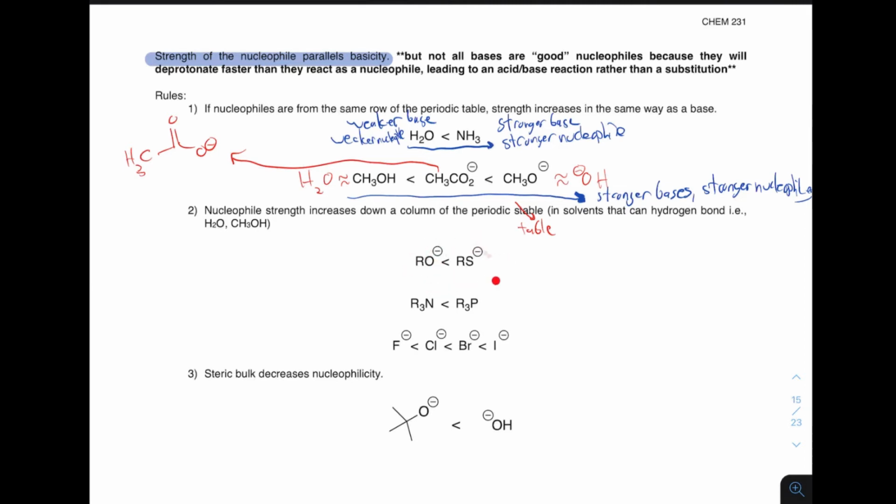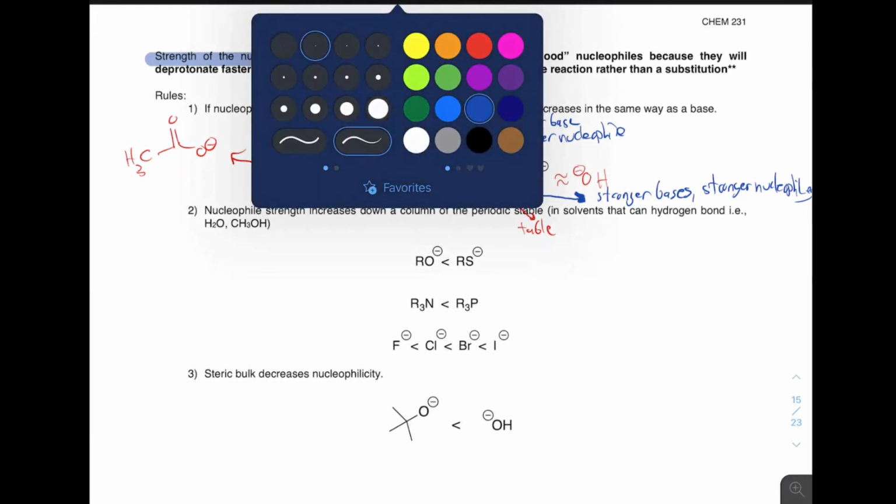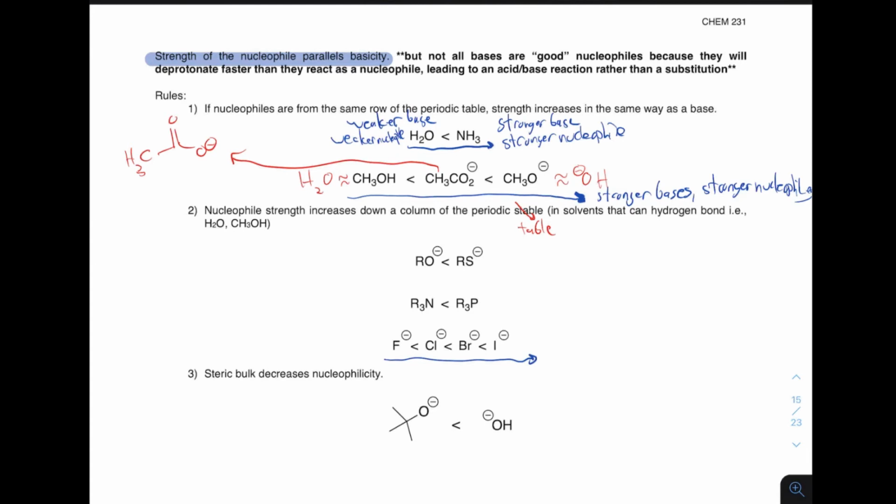Right, because if we think about it, we know that iodine is a weaker base than fluorine, right? Fluorine should be a stronger base because HF is not as acidic as HI, so the conjugate base should be stronger, right? So we already know that something is not as similar as it was before. These are weaker bases, but they're stronger nucleophiles.